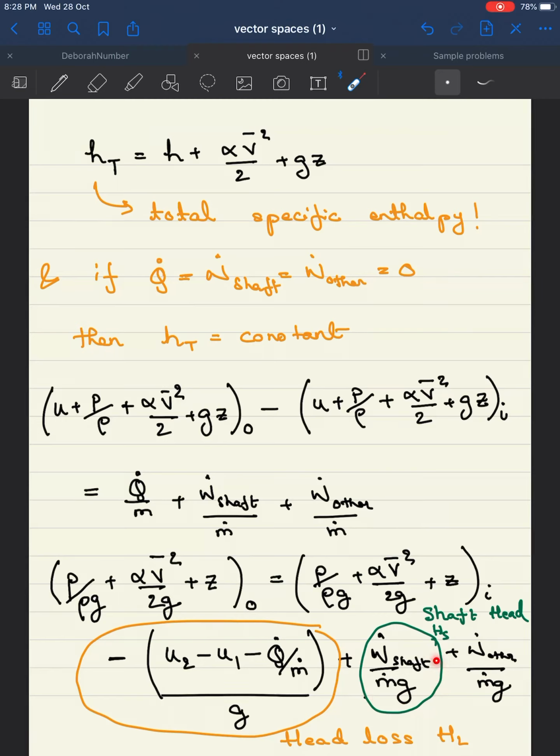This is the addition of head due to shaft work. This is again the addition of head due to some other work.